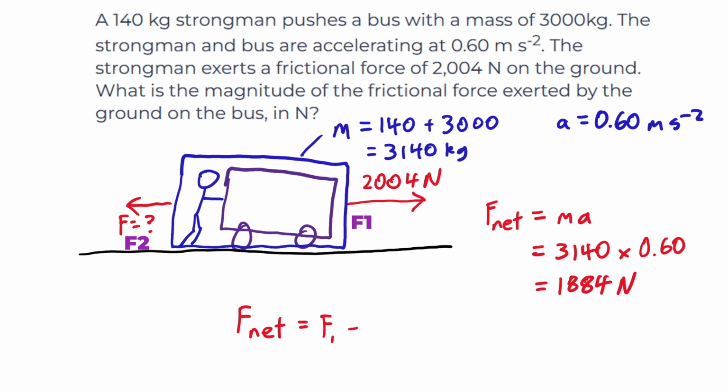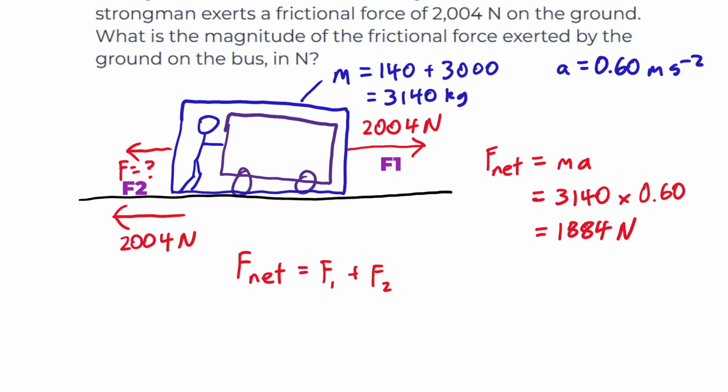Remember that net force is the sum of all the forces acting on the object. So we can say net force, or F net, is equal to F1 plus F2. If we rearrange for F2, by subtracting F1 from both sides, then we get F2 equals F net minus F1.